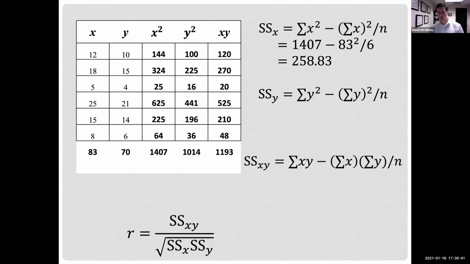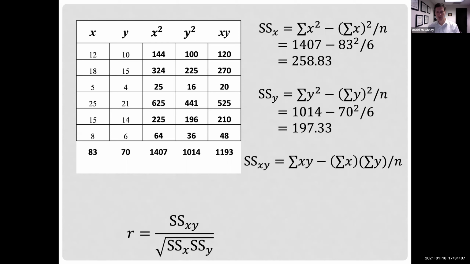Doing a similar operation for the sum of squares of y, we plug in 1014, and then we subtract 70 squared, and divide by n, which is 6. And we get 197.33.